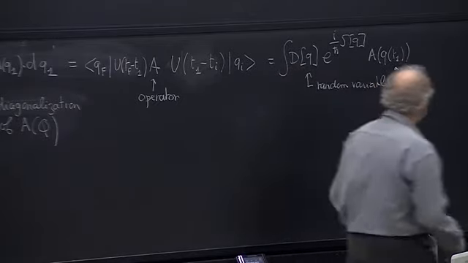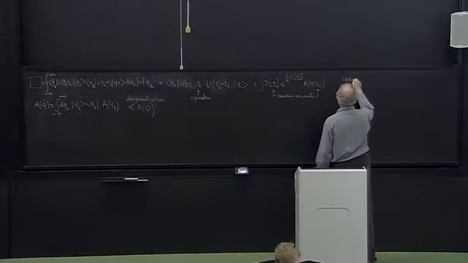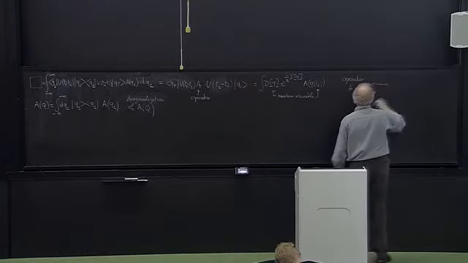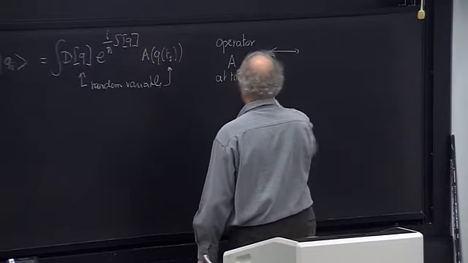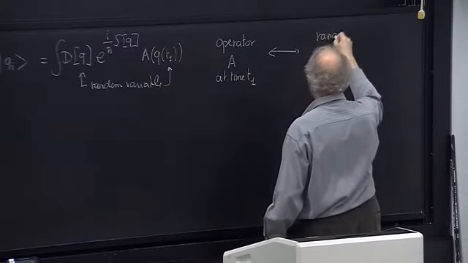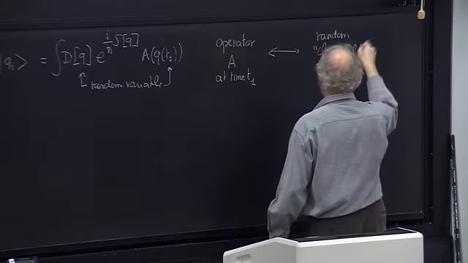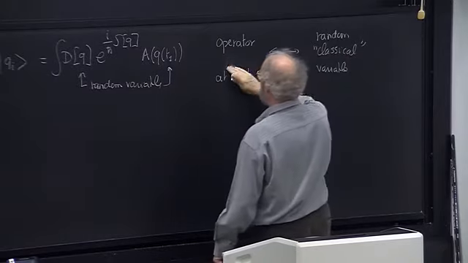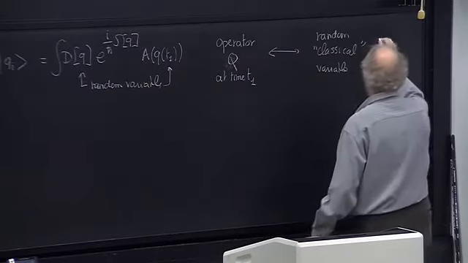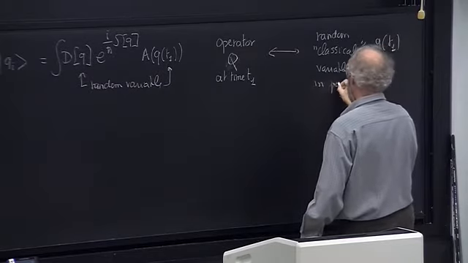So you have a dictionary between the operator Q at time t1 and the random variable q at time t1 in the path integral.